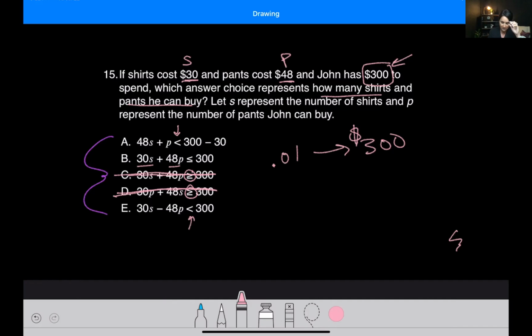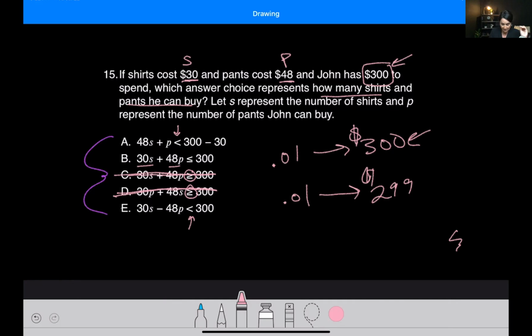That means that I can spend 1 cent all the way to $299. Is that true? Can I only go to 299 or can I go to 300? I can go to 300. So less than by itself is not proper because I can spend 300 or less than 300. So it should be less than or equal to.